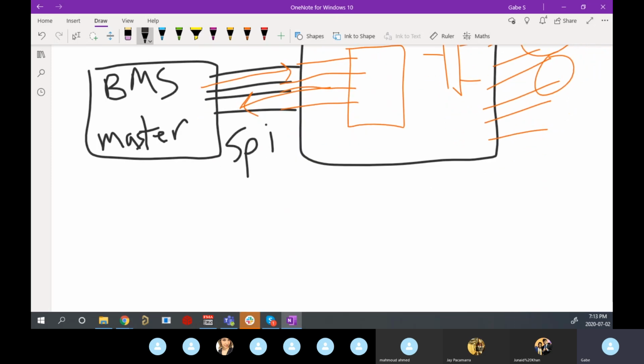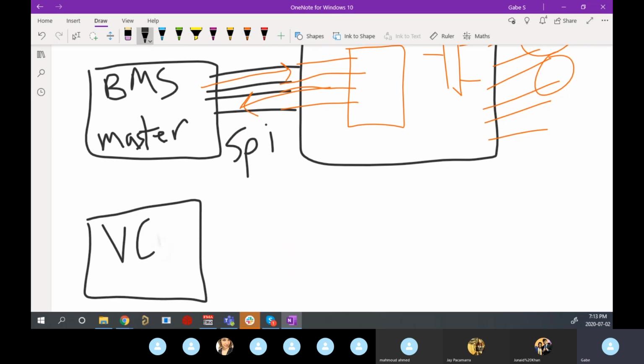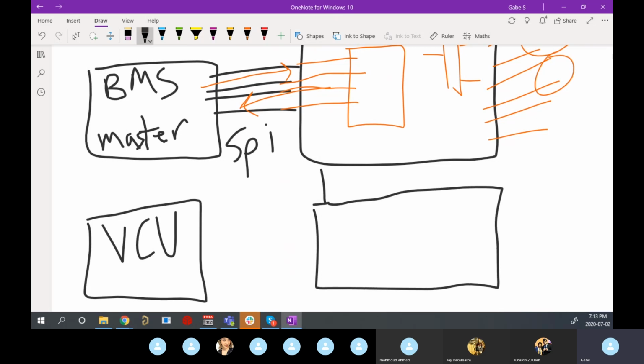Another application is from the ECU to the high voltage board. This is a board that Braden designed. What this board does is it samples the overall high voltage bus to see what it's sitting at.